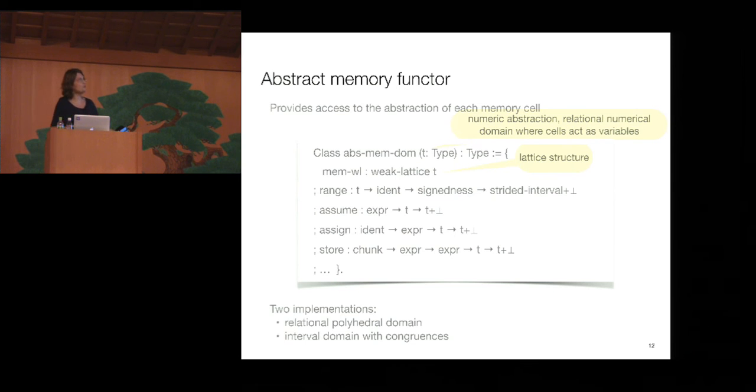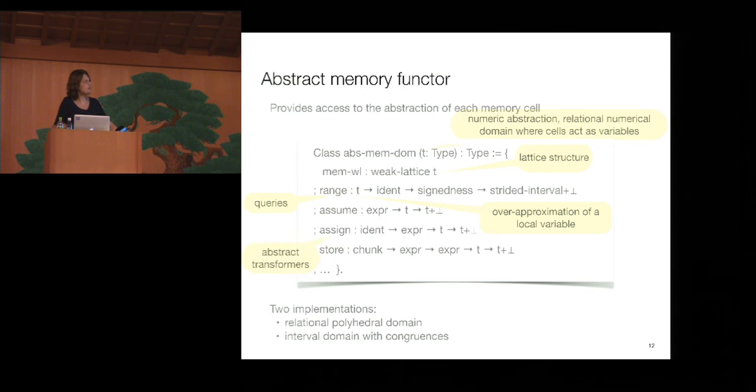First, we need to store abstract values that are ordered using a lattice, as in standard abstract interpretation. Then we have queries. For instance, here, the abstract domain may need to send a query to the numerical domain in order to get an over-approximation of a local variable in the program.